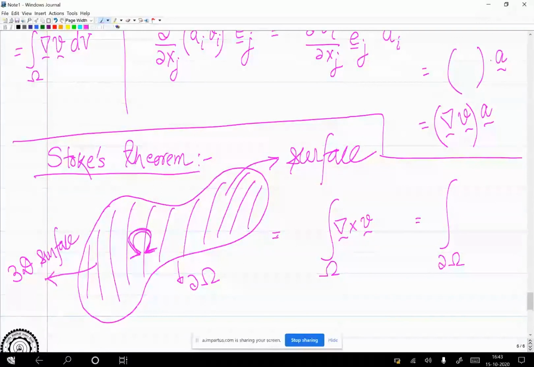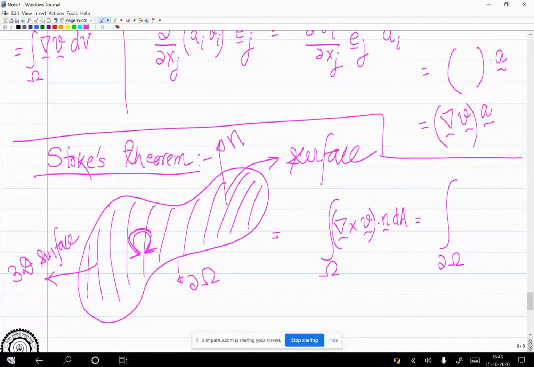Yeah, so it is indeed curl, del cross V dot N dA. Okay, del cross V dot N dA. That is equal to, and what is N here? N is the surface normal.